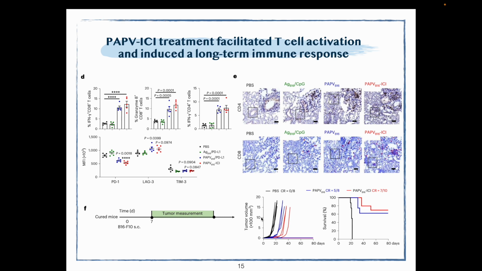They also conducted a tumor rechallenge study, in which they injected tumor cells into the mice cured in the previous experiments to test the immune memory after the PAPV treatments. And we found that after the tumor rechallenge, the PAPV combined with the immune checkpoint inhibitor could inhibit tumor growth and prolong the mice survival here.